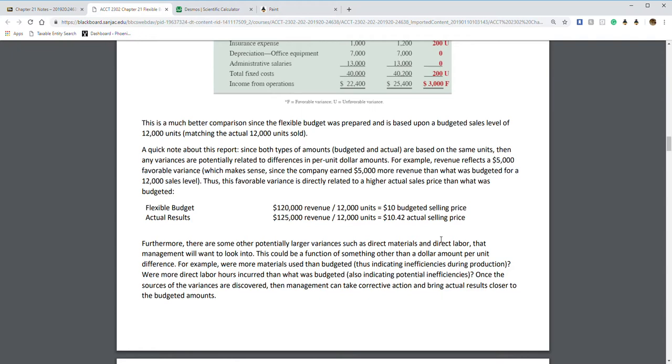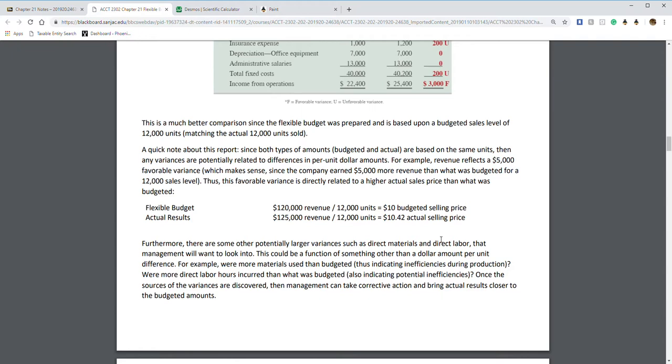To figure this out, you basically just take your revenue and divide by your units, and this will tell us our actual selling price. So we were actually selling our units at $10.42 per unit, which is pretty good. Go salespeople, yay!